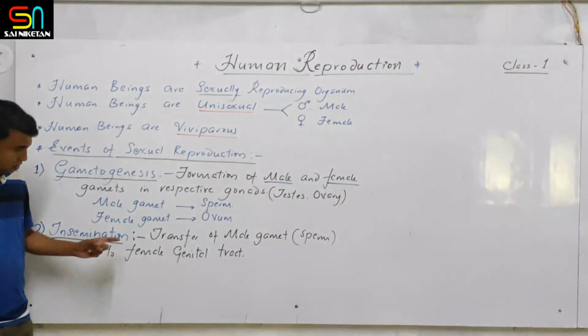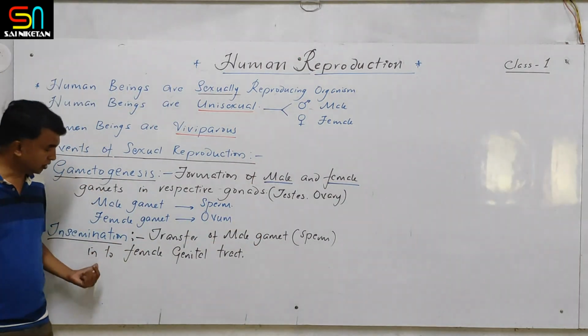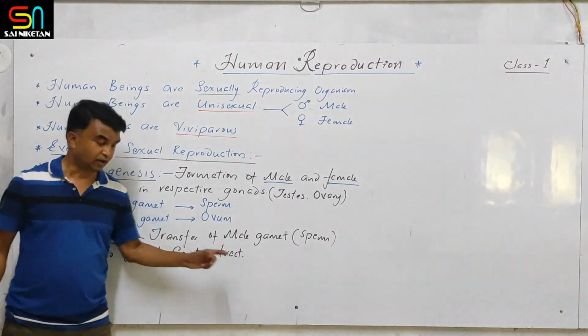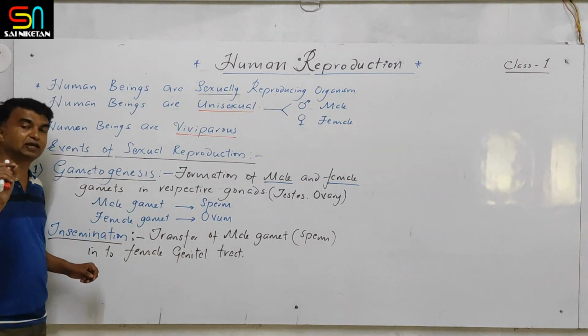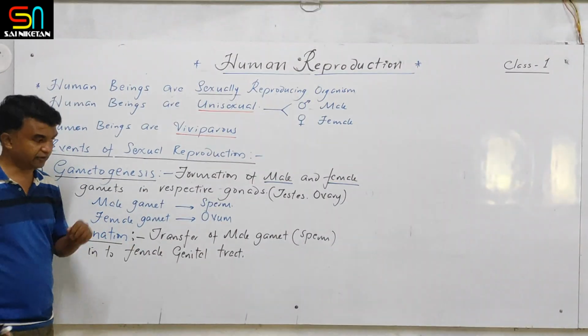It is a simple event. So the transfer of the male gamete, that is sperm, into the female genital tract, that process is called insemination. After gametogenesis, this is the second event.